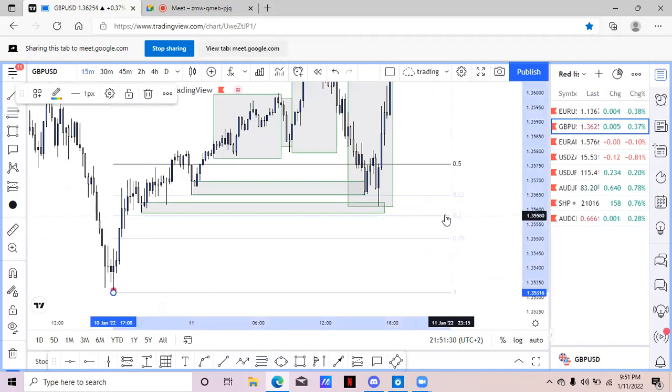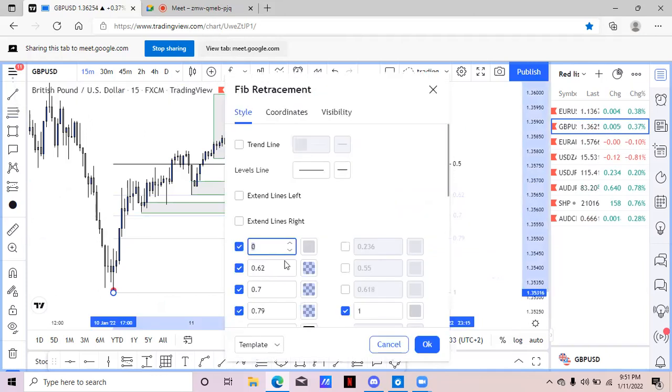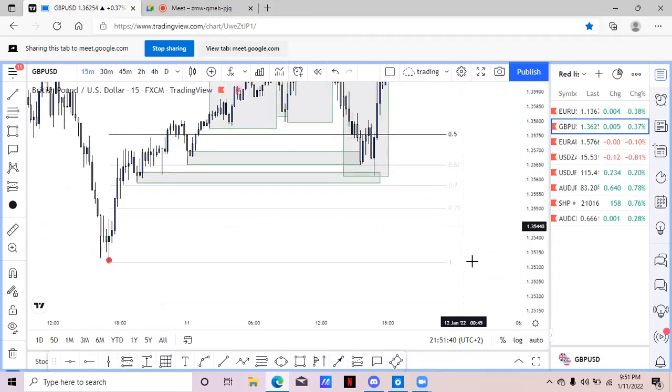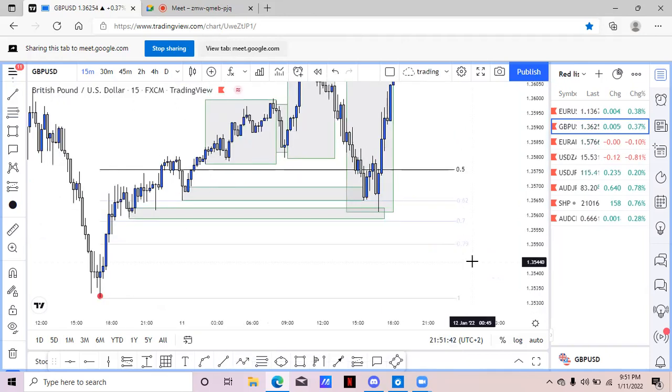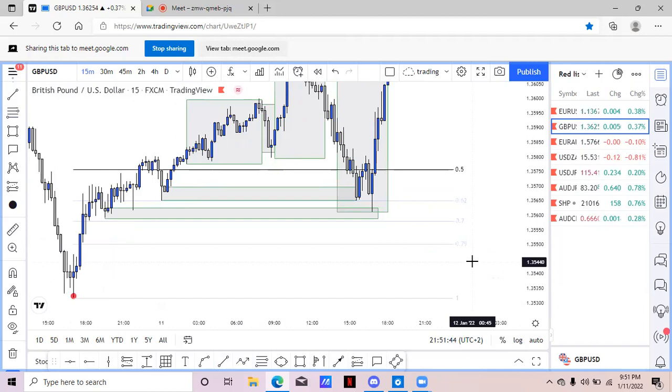This 0.62, 0.70, 0.679. You see, those are the levels that I actually focus on, because if you studied ICT, you may have heard about OTE, you get the point.